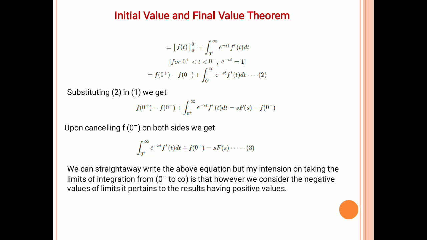Now substituting equation 2 in equation 1, f(0+) - f(0-) plus the integral from 0+ to infinity of e^(-st) f'(t) dt equals sF(s) - f(0-). Now cancelling f(0-) on both sides, the integral from 0+ to infinity of e^(-st) f'(t) dt plus f(0+) equals sF(s).